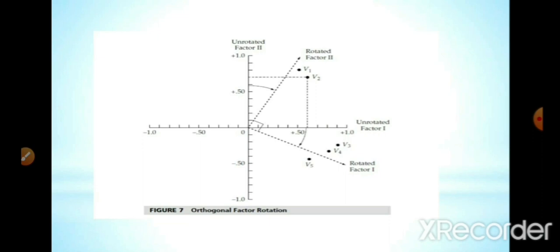On factor 2, we can see v1 and v2 are very high in the positive direction, and v5 is high in the negative direction, while v3 and v4 have considerably lower loadings in the negative direction. This is how we get the loadings of each variable on factors 1 and 2.